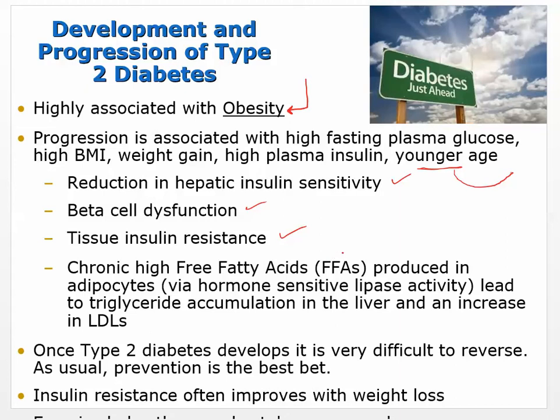And then I have here chronic high free fatty acids produced in adipocytes. So this is kind of interesting. What happens in fat cells is that when insulin is not present, there's something called hormone sensitive lipase activity, and that will actually increase because of this insensitivity, the cell being insensitive to the insulin.